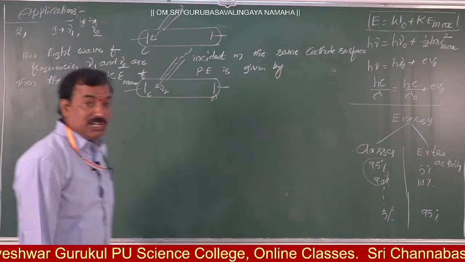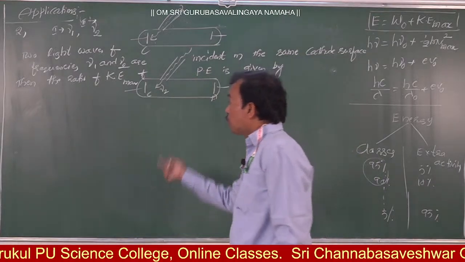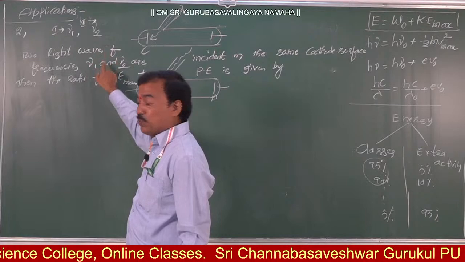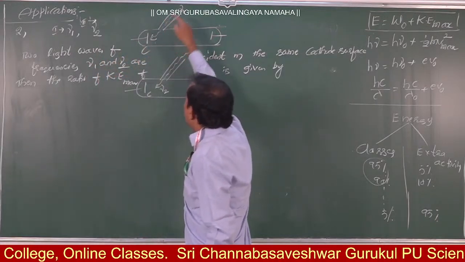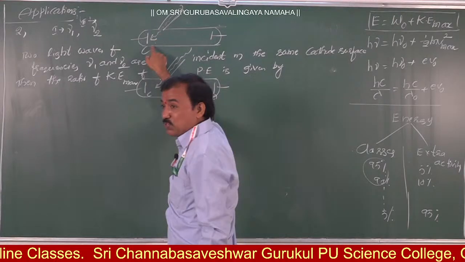So what is the condition here? The two lights have frequencies nu1 and nu2. The first light frequency is nu1, so electrons are ejected.